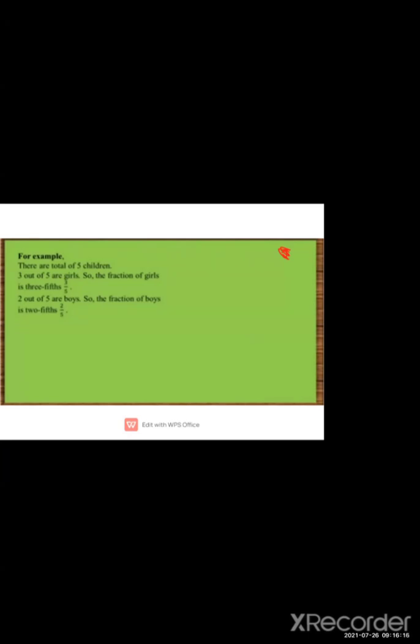First we have to write the total part, the whole part, downside, that is 5. How many children are there? 5 children are there, correct? And on the above side you will write how many out of 5 they have removed. 3 they have removed and said that 3 are girls, so you will write 3 above.